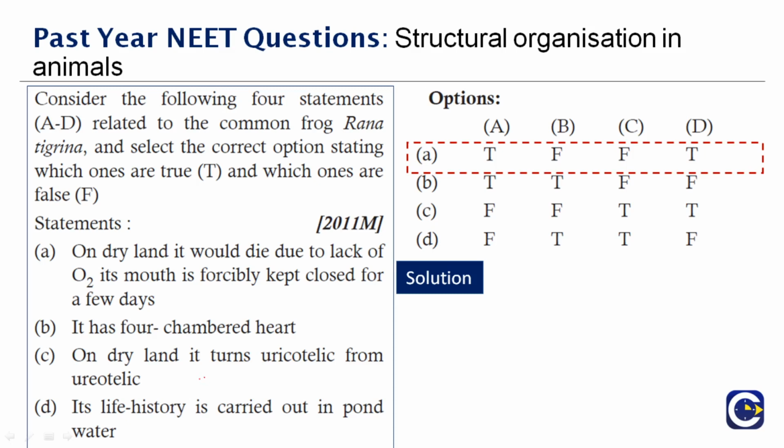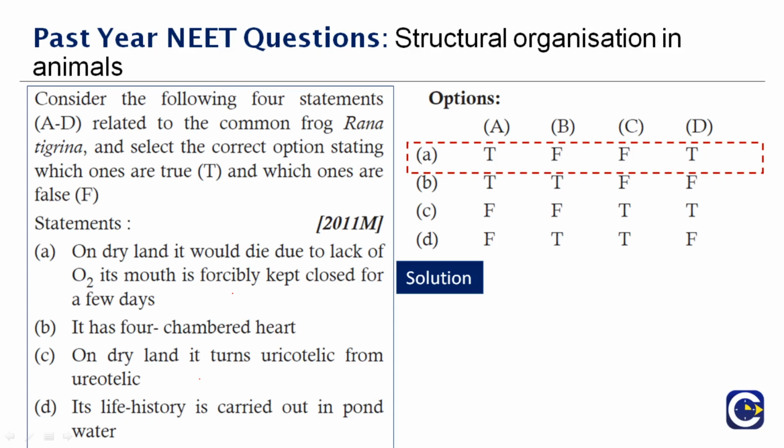Its mouth is forcibly kept closed for a few days. That is true. B. It has a 4-chambered heart. Wrong. On dry land, it turns uricotelic. Therefore, the answer here is false. Its life history is carried out in a pond of water. That is also right. Therefore, the correct answer is the first and the last statements are true, while the rest are false.